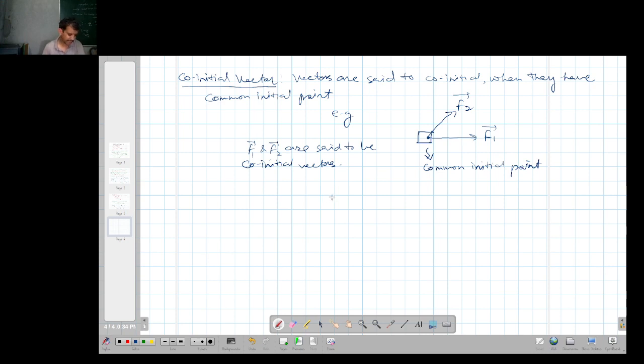Right? Then let us talk about another definition, that is collinear or parallel vectors.